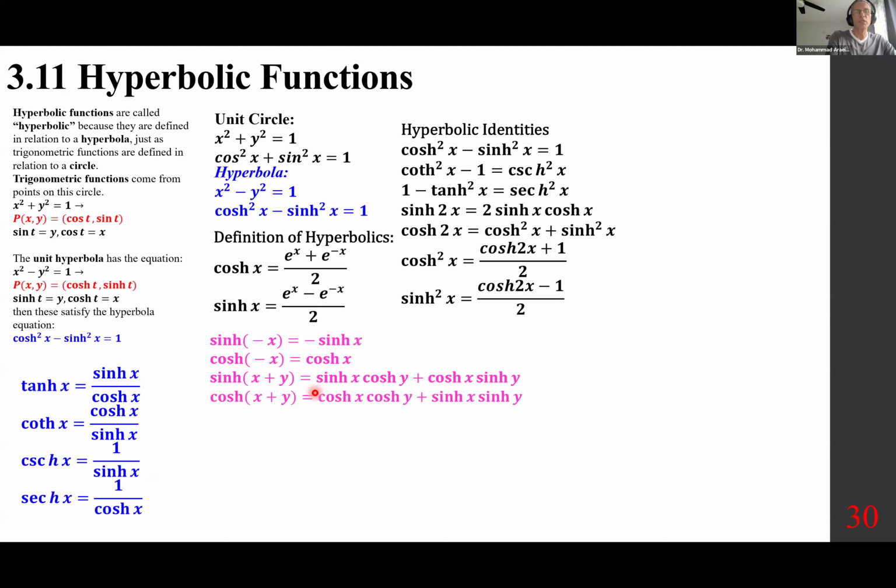So sinh of x plus y is sinh x cosh y plus cosh x sinh y. Cosh of x plus y is cosh x cosh y plus sinh x sinh y. So again, there are some similarities. There are some differences, but they can all be easily proven.